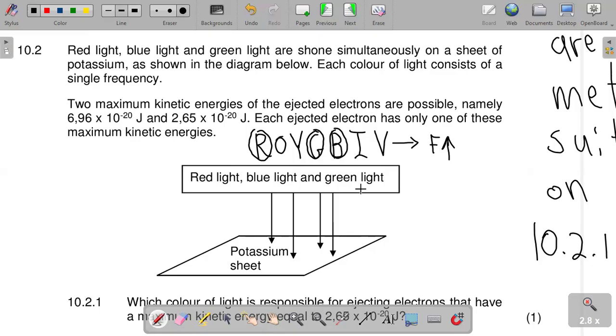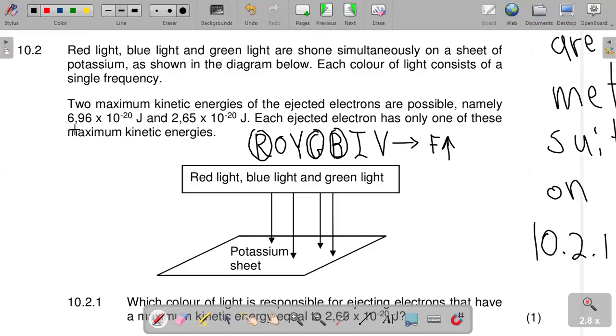So if there are two maximum kinetic energies here, it means that green will correspond with 2.65, because 2.65 is less than 6. So the frequency for the green light will be less than the frequency for the blue light.